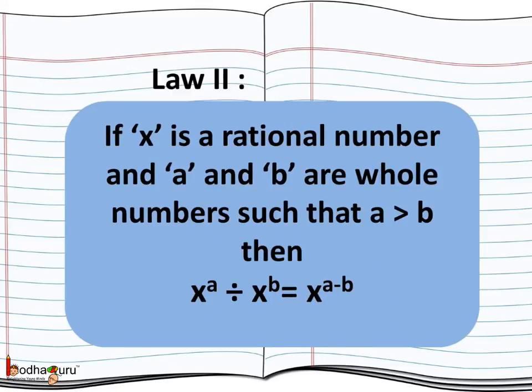And according to the second law of exponents, if x is a rational number and a and b are whole numbers such that a is greater than b, then x to the power a divided by x to the power b is equal to x to the power a minus b.